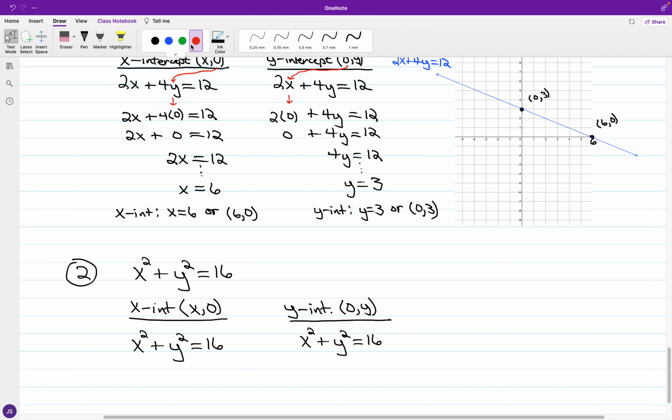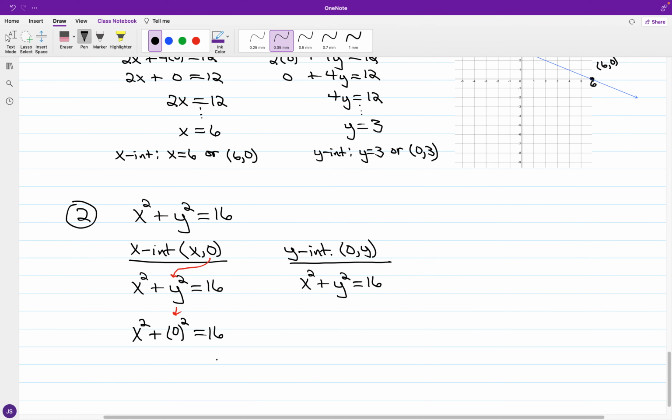Looking at solving for x, again we have x squared plus y squared is equal to 16. So I have x squared plus 0 squared is equal to 16. Now, 0 squared is 0. x squared plus 0 is going to be x squared.